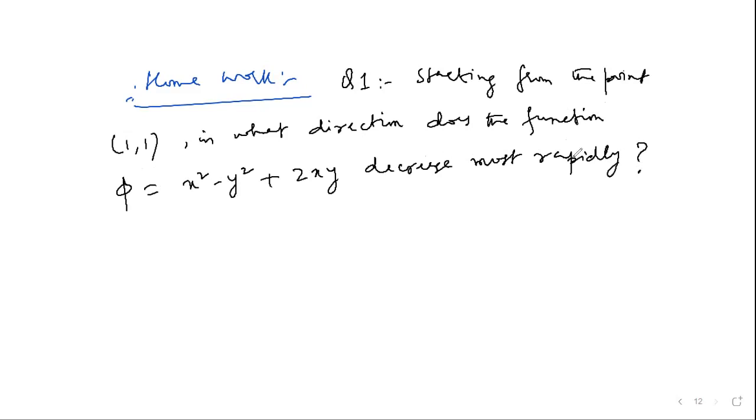This is my question first. Starting from the point (1, 1), in what direction does the function phi equal to x square minus y square plus 2xy decrease most rapidly, right?